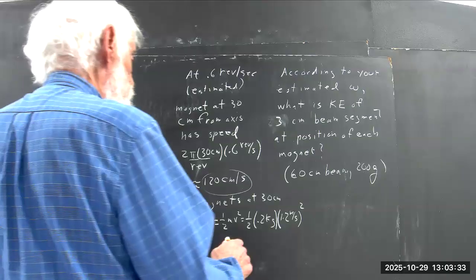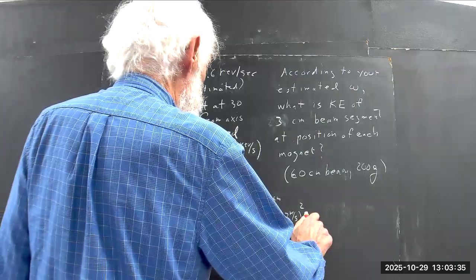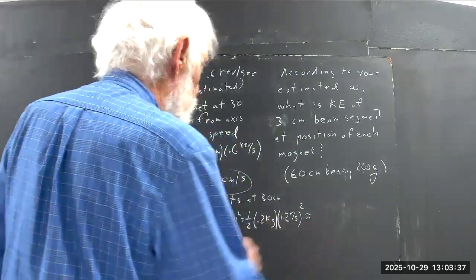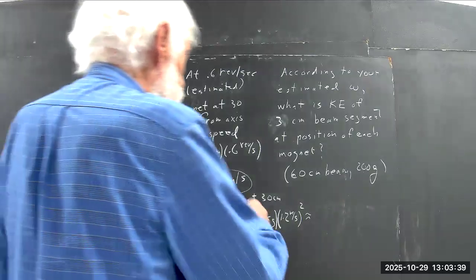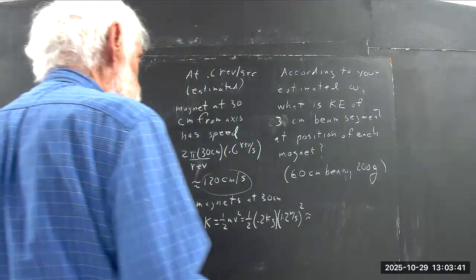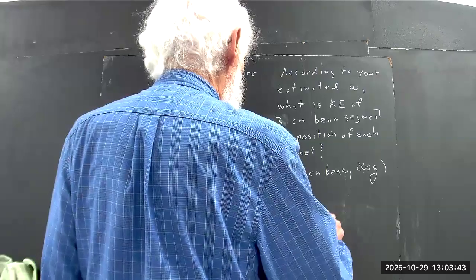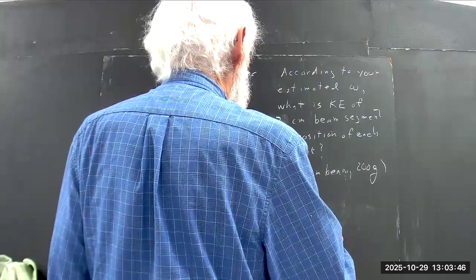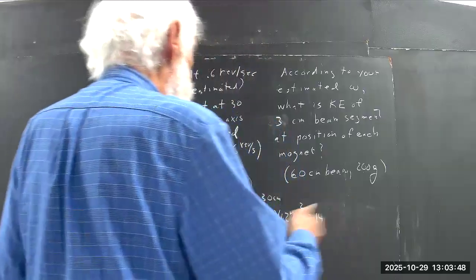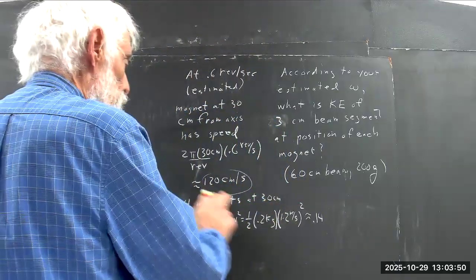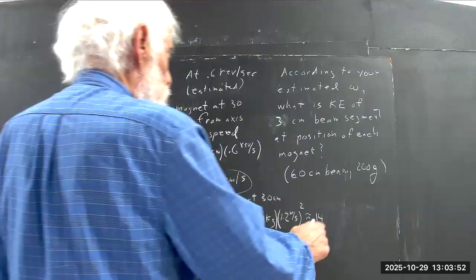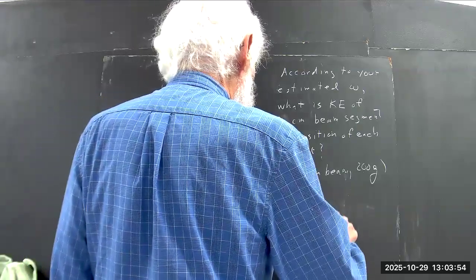Okay. And that's approximately 1.44, and that's 0.1. So we get approximately 0.14. I could write 0.144, but this is an approximation and it's a little high, so I'm just going to use 0.14.